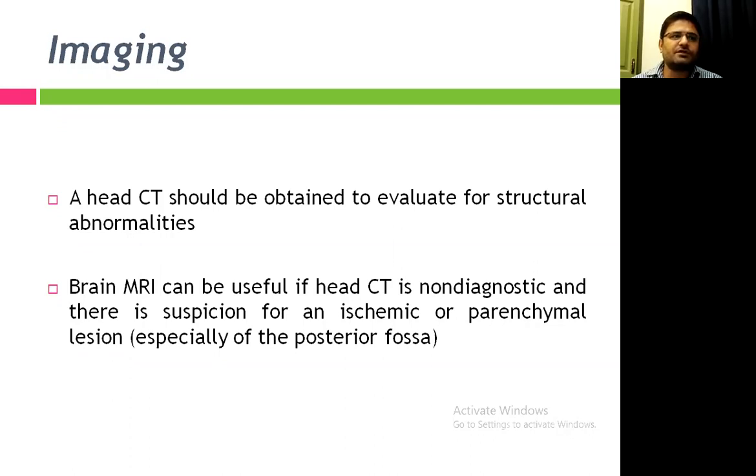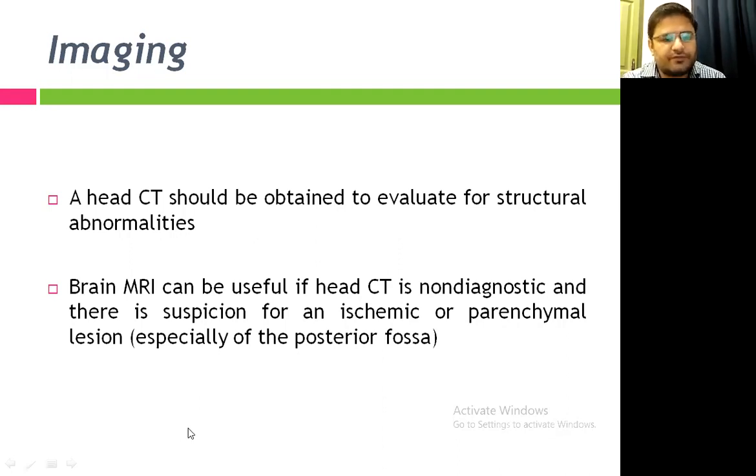So if you're suspecting any lesion, first order a CT scan to rule out important hemorrhages or other lesions, like features of raised ICP or ventricular enhancement. Brain MRI can be useful if CT scan is non-diagnostic and there's suspicion of an ischemic or parenchymal lesion, especially of the posterior fossa, right?